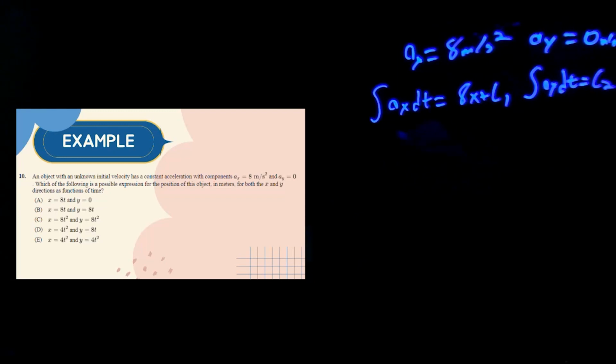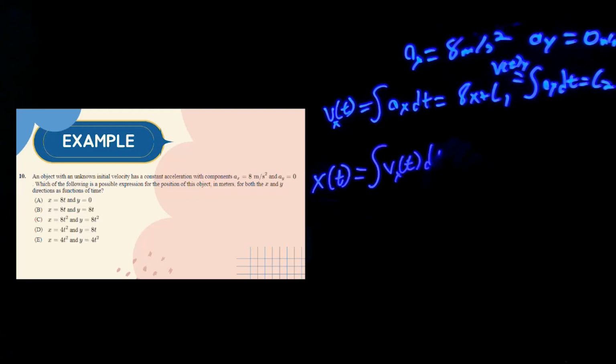So then these would be equal to the velocity vector, that one for x, this one for y. Now you have to integrate that further to get to the position vector. So for x, it would be the integral of v of t with respect to x dt, and that is going to be 4t squared plus C1t and then plus C3, adding another constant on there.